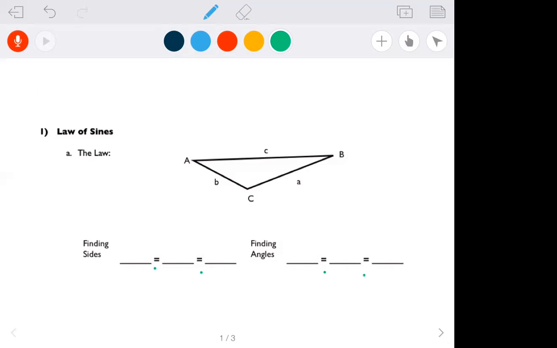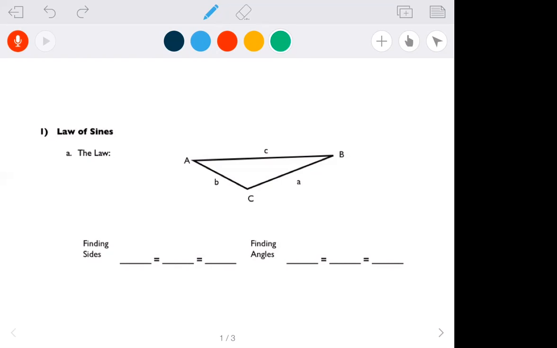There's this equality that allows me to state some equivalences and then use my known information to find my unknown piece, just like with SOHCAHTOA. With SOHCAHTOA, they always gave you two pieces you know and a third that you don't know. In the law of sines, they're going to give you three pieces, and you are going to have to find the fourth missing piece.